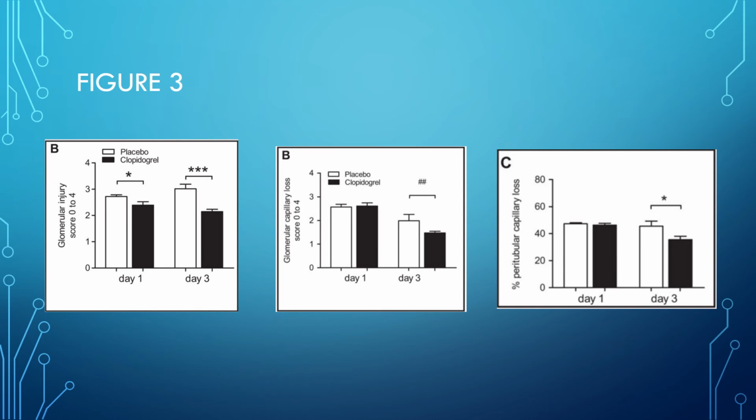And then they looked at the capillary loss, where they found that only on day 3 they found a significant decrease in the amount of this capillary loss compared to the placebo. Finally, in panel C, they looked at the percentage of peritubular capillary loss, which they found that only on day 3 there was also a significant decrease found within the clopidogrel inhibitor.